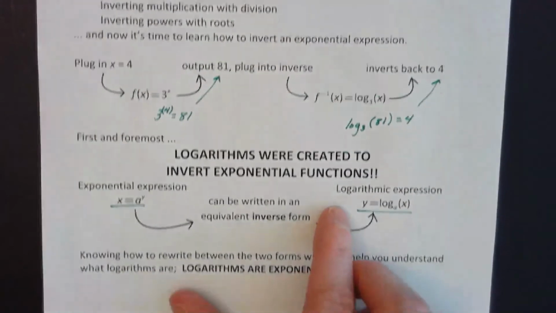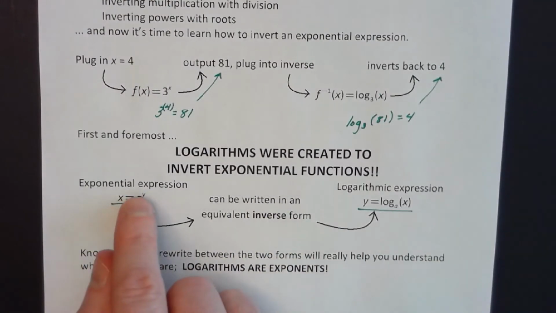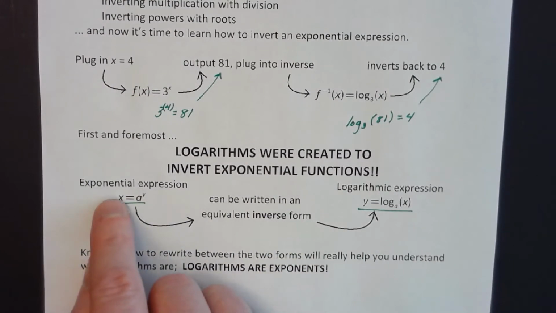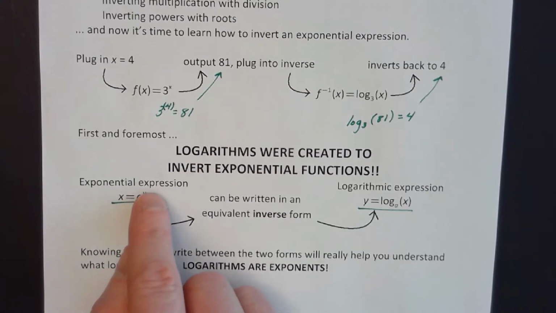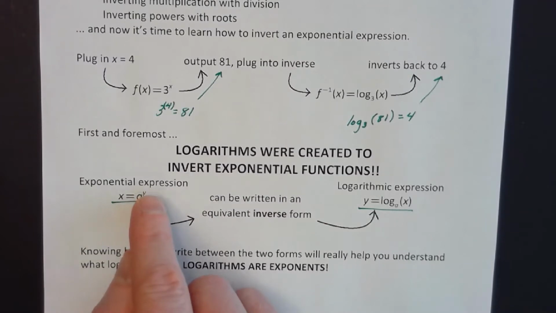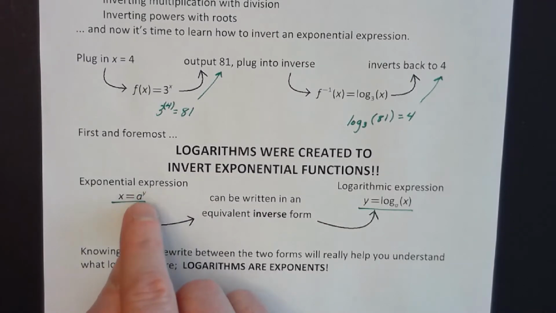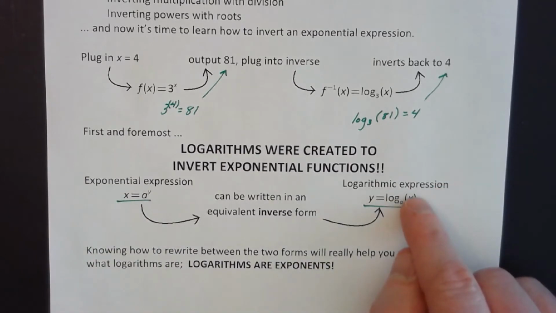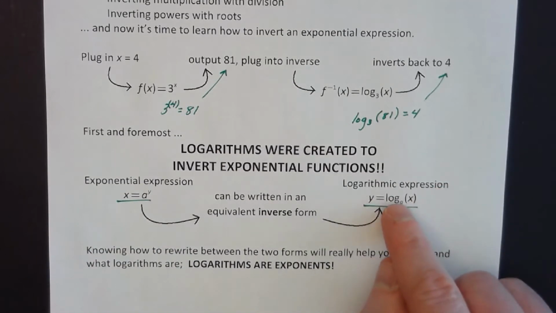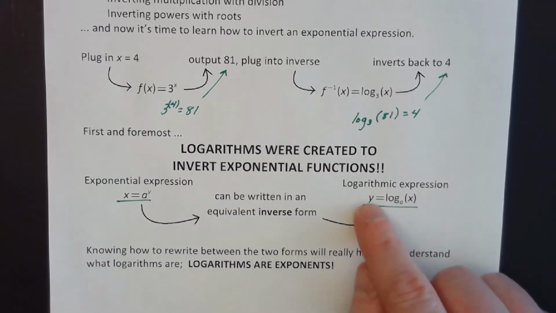Now, whenever we have exponential expressions, if x is the answer to the exponential function a to the y, the equivalent logarithmic form would be, well, the answer becomes the input over here, and I'm going to say the log base a of x is equal to y.